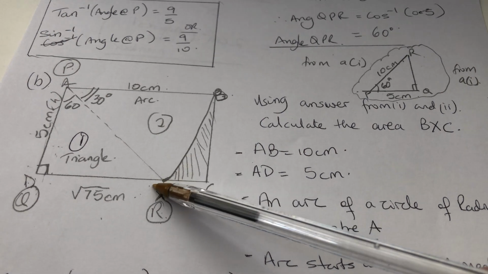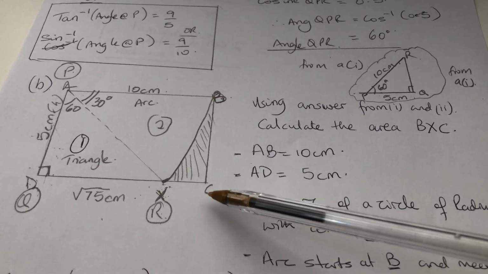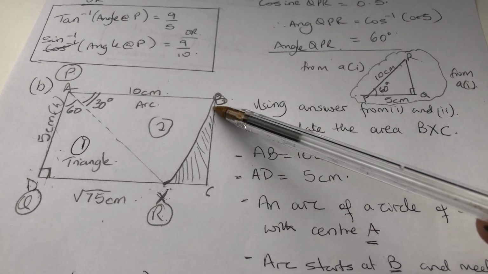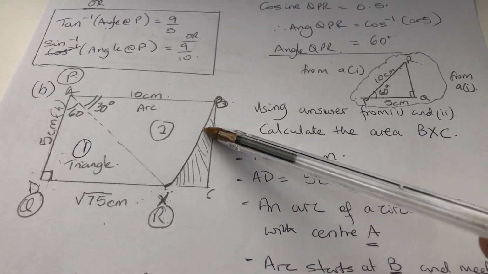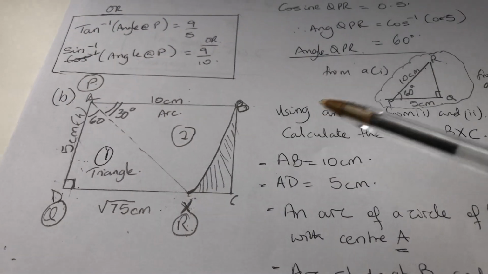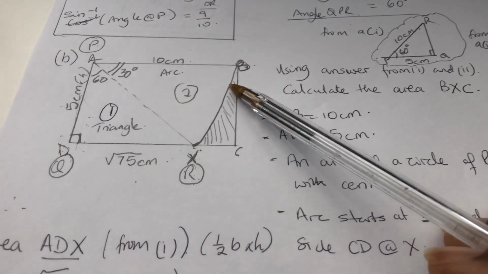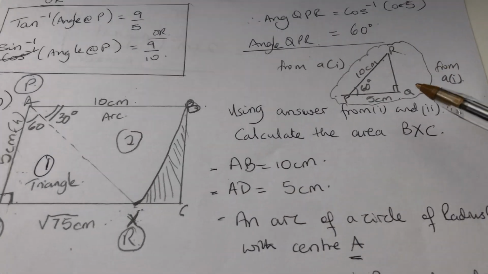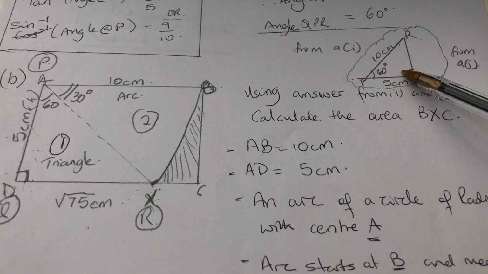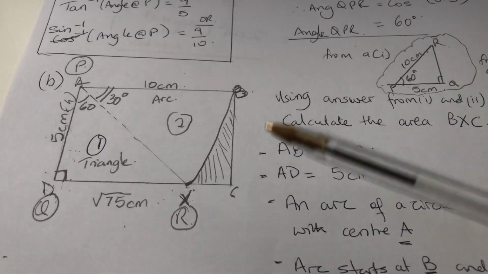Arc has to do with circle. We did videos on that. So it's not like a straight line, it's an arc, and the radius is 10 centimeters. Now, they want us to use the first 2 questions we solved to solve this.